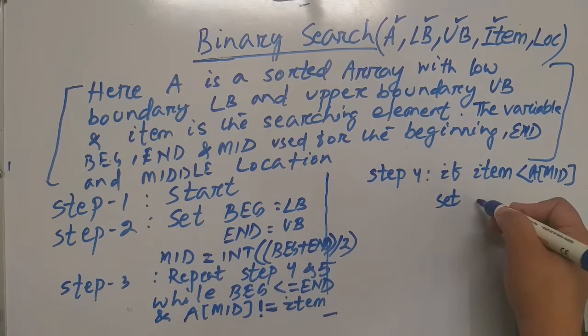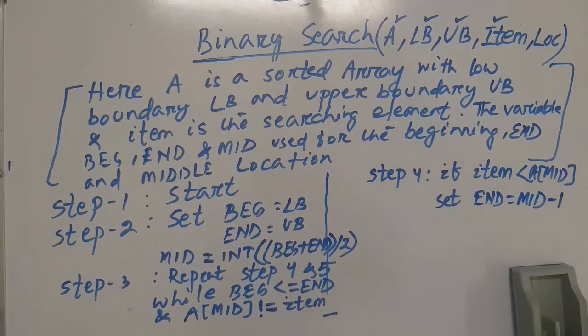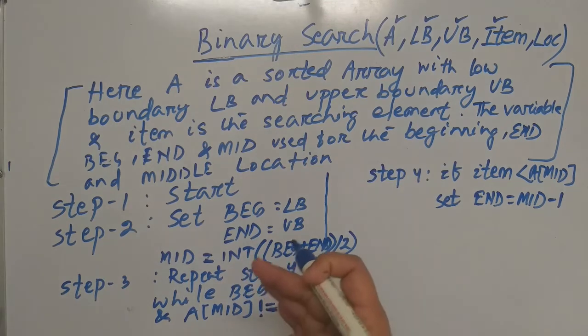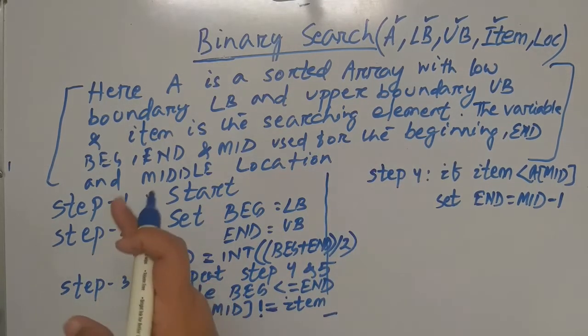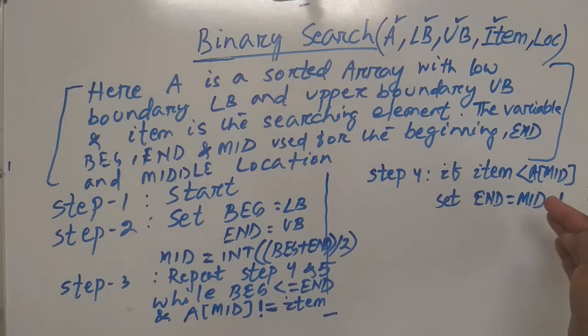If the item is less than A[mid], then we set end equal to mid minus 1. Why mid minus 1? Because the item we searched is in the left portion, so starting is as it is, but end is mid minus 1, because we already know the mid value.